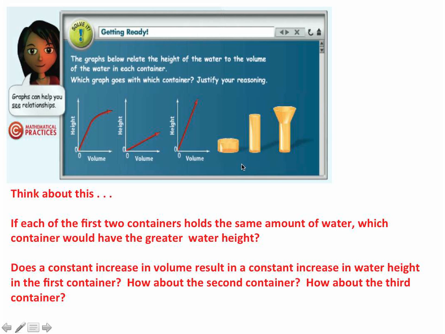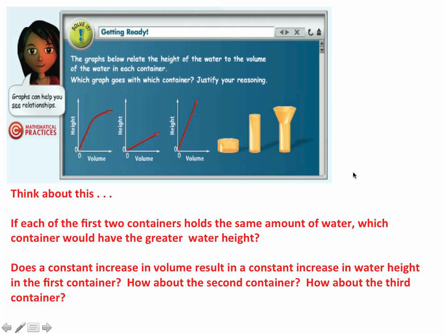Number 2, does a constant increase in volume result in a constant increase in water height in the first container? So if I keep pouring water in here, am I going to consistently get higher? I would say yes. If I pour water into this one, am I going to consistently get higher? I would say yes.